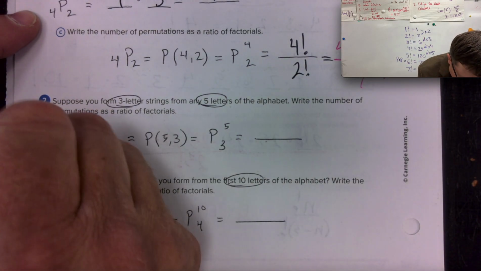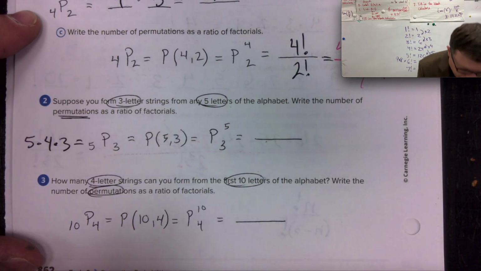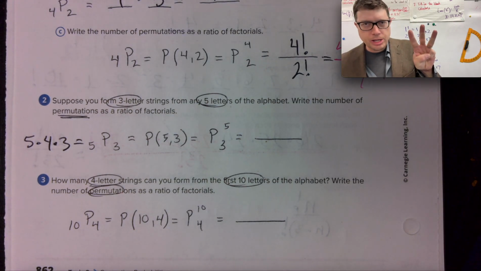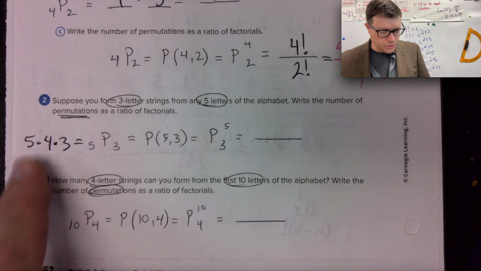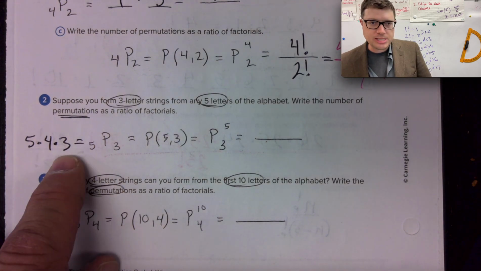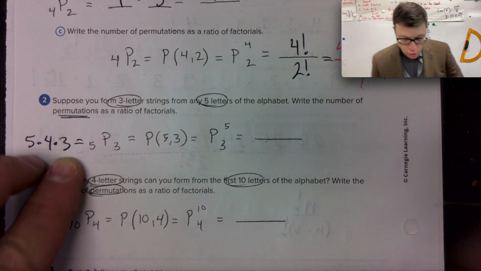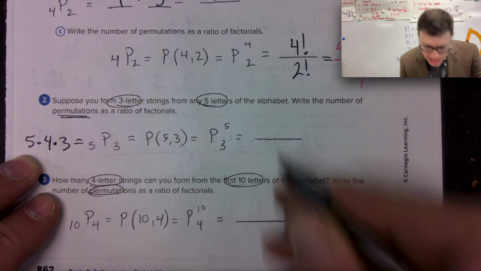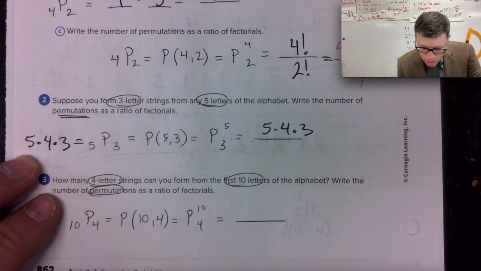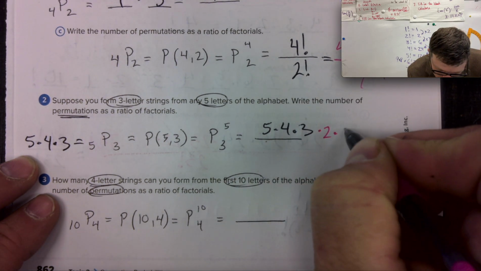Wasn't it 5 times 4 times 3? That's 5 letters permuted 3 ways. There are 3 entry spaces. There's 5 options for the first entry, 4 for the second, 3 for the third. So if we were to continue this, 5 times 4 times 3, we would go times 2 times 1.